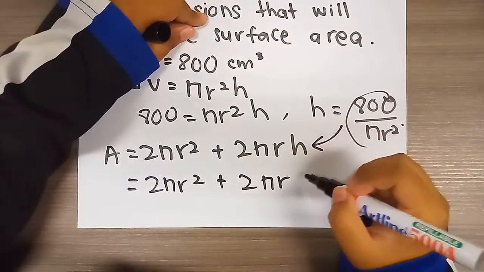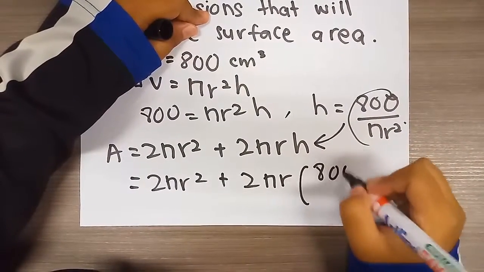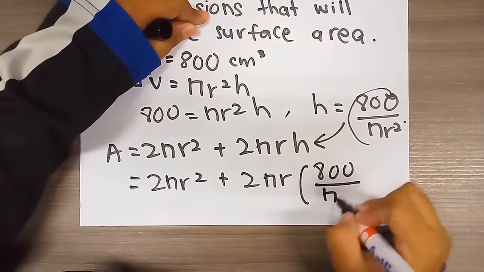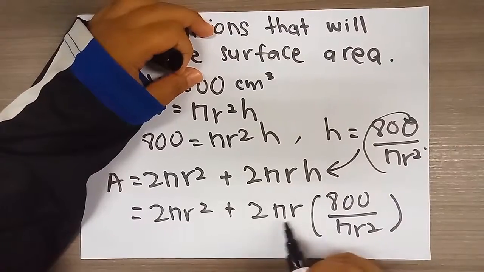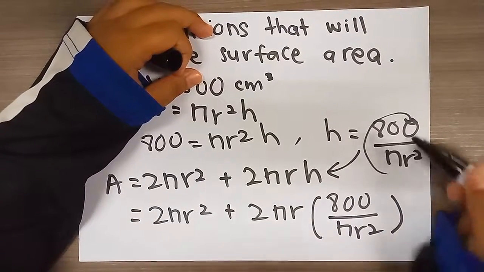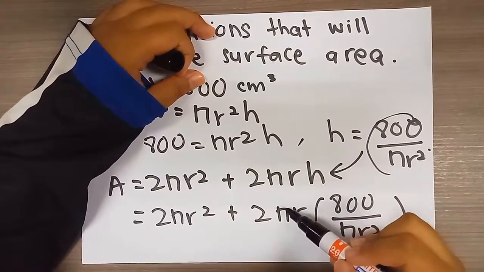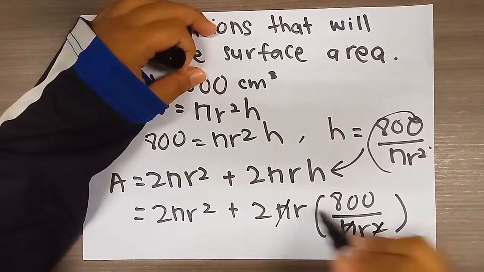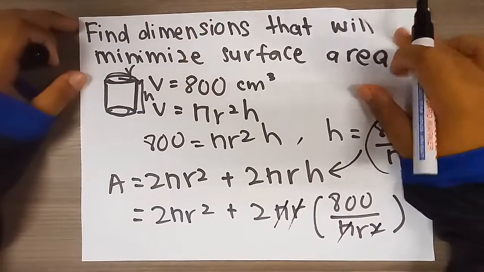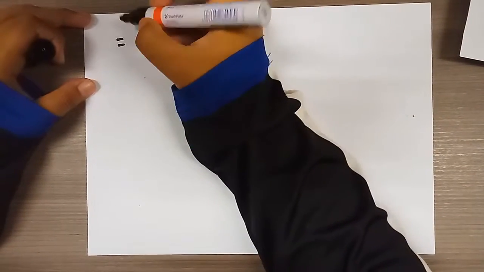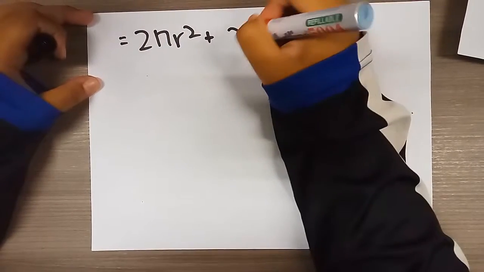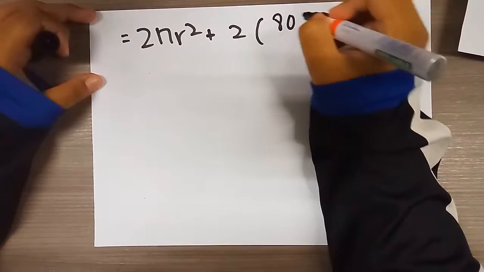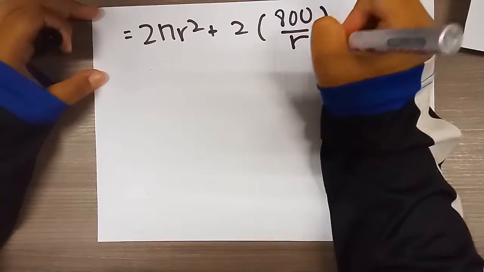Substitute the value of h, 800 over πr². We have πr here and πr² here, so we can simplify. The next one proceeds to 2πr² plus 2 times 800 over r.